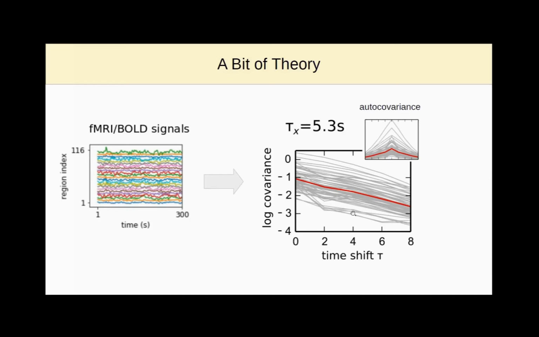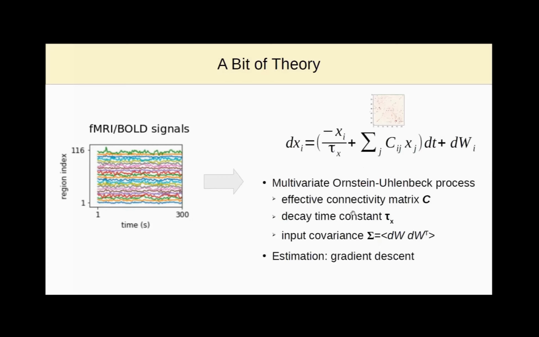Because of this, the Bold signals are well suited to be represented using this Einstein wave process that naturally generates a signal with exponentially decaying covariance. Does every region have the same time constant?